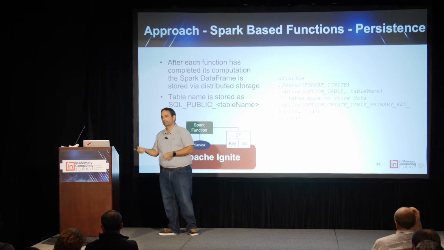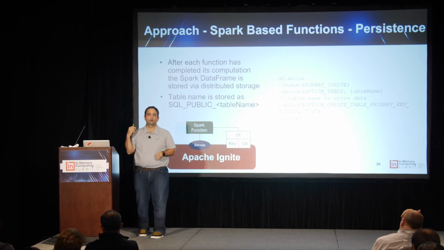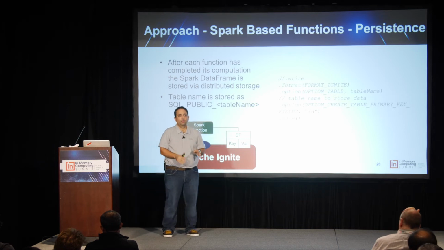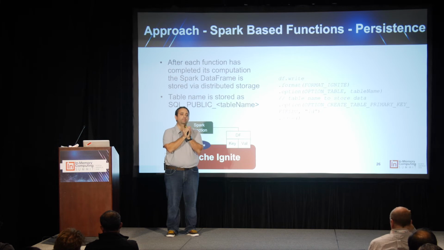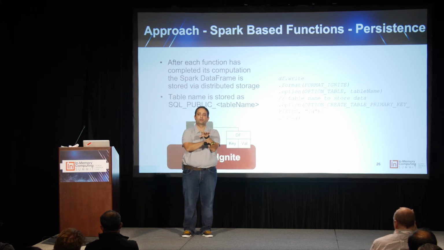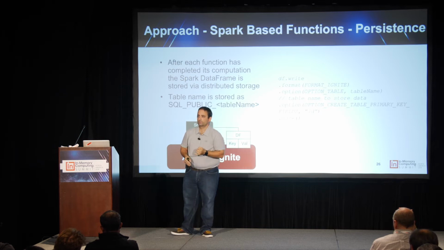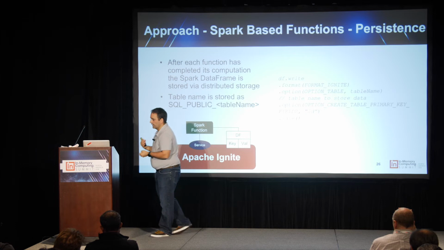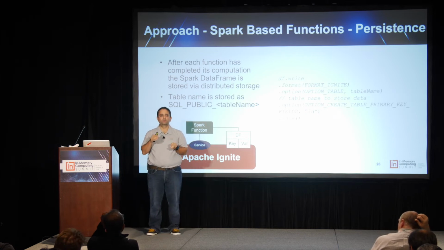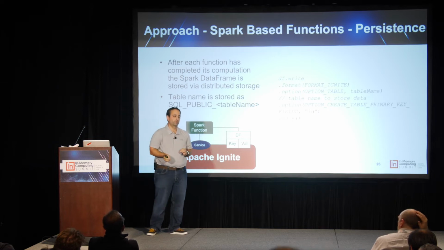And I'm going to talk about it in a little bit, but that's where affinity data locality starts to really matter. What we had to take into account was making sure that when we execute the Spark workers, the data itself is co-located on that node. And the reason is we needed to really design it well to make sure that that co-location doesn't duplicate data more than it has to.